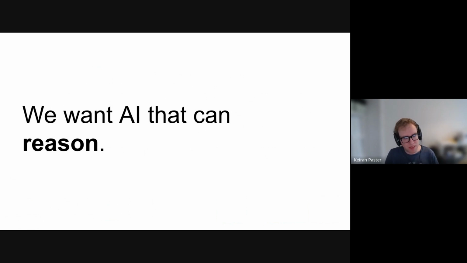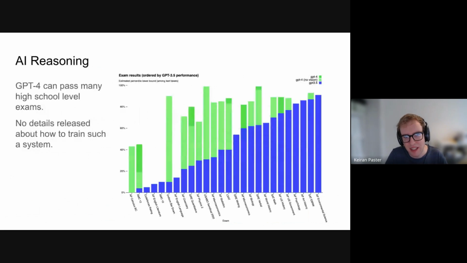One example of this that we've seen recently is the language model GPT-4, which I'm sure everyone knows about. When OpenAI released GPT-4, they tested it on a wide array of high school level exams.